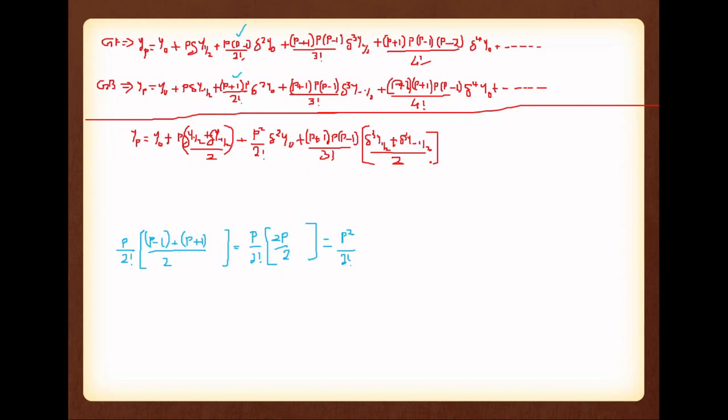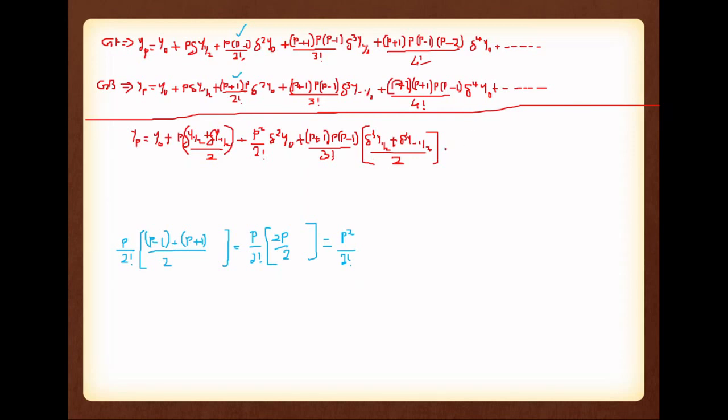So this is the third difference term, (p plus 1)(p minus 1) divided by 3 factorial into the average of the third difference terms.